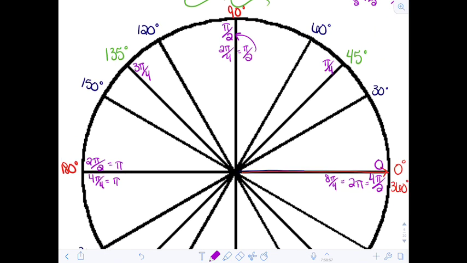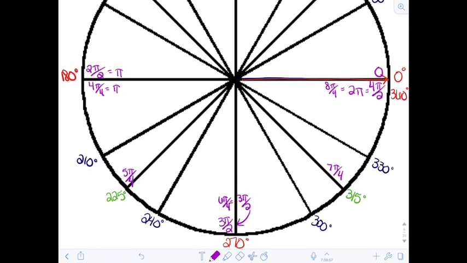So again, going around the circle: pi over 4, 2 pi over 4, 3 pi over 4, 4 pi over 4, 5 pi over 4, 6 pi over 4, 7 pi over 4, 8 pi over 4. And the ones that reduce, of course, we simplify those down. Don't leave 6 pi over 4 like that. We want to reduce it to 3 pi over 2.